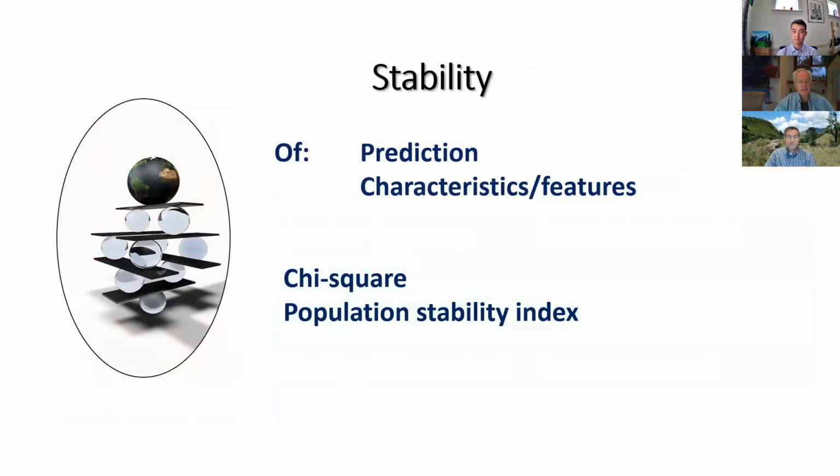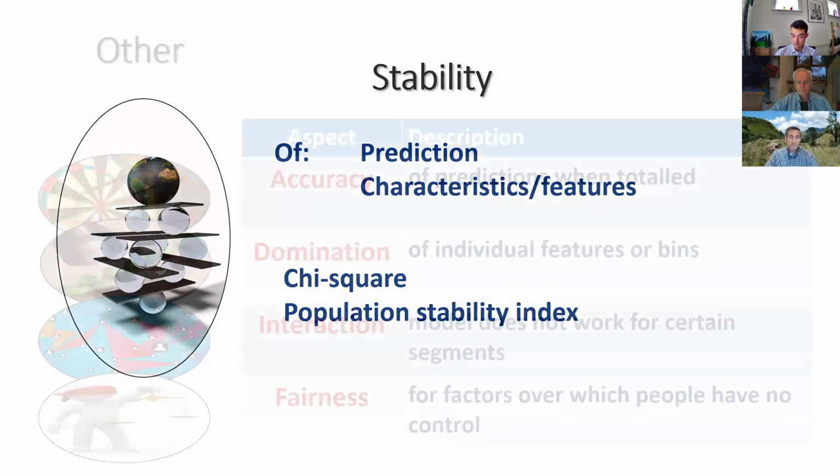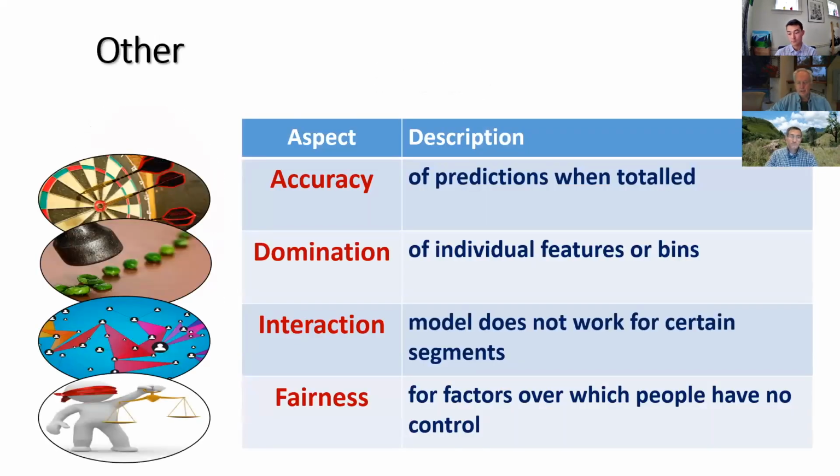And then you get stability, at least in terms of most of the environments that I've worked with. Stability is looking to the population stability index, which would be applied either to the overall prediction or the characteristics or features that are included within the model. Chi-squared can also be used, but tends to be less used. And then the other types of aspects that one wishes to look at: the accuracy of the overall predictions when everything is summed up and you are looking at the portfolio level.